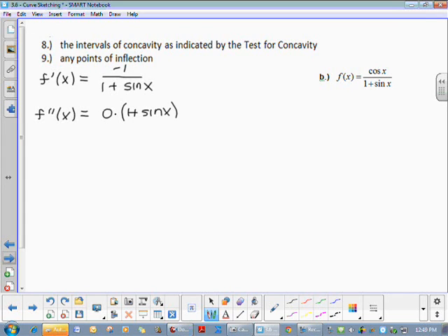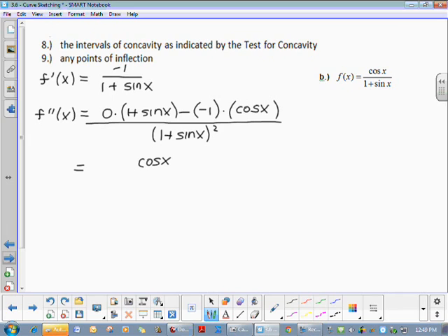Multiply that by the bottom. Subtract the top multiplied by the derivative of the bottom, which in this case is 0 times the cosine, all divided by 1 plus sine quantity squared. And this will end up simplifying to simply cosine on top over 1 plus sine squared on bottom.